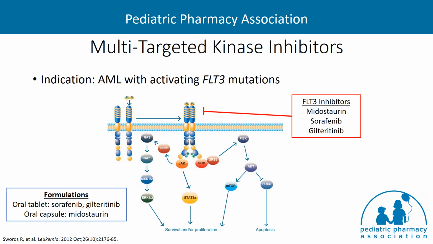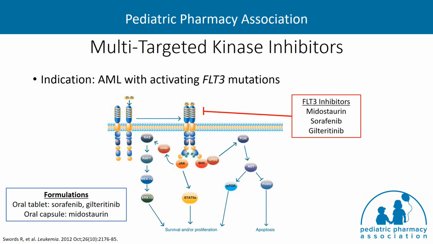As a result, patients then are given these inhibitors to try to target that mutation. I included on the slide in the red box the 3 most common FLT3 inhibitors that you are likely to see in pediatric clinical practice, specifically midostaurin, sorafenib, and gilteritinib.